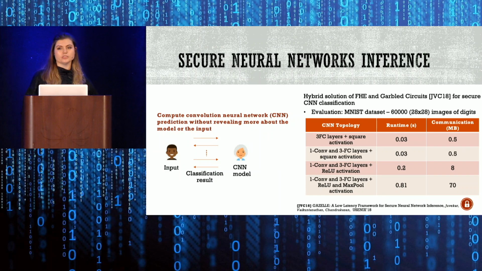And they evaluated their solution on the MNIST dataset that contains images, and the goal is to classify this image as a particular digit. So they explored several CNN topologies, and all of their solutions ended up running in less than a second. And their major distinguishing factor was how much communication they needed, which depended on how much garbled circuits versus FHE the approach was using.